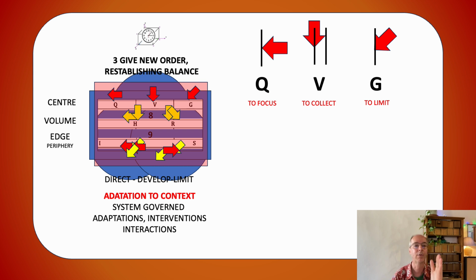We try to focus. That's the cue. We go back to the material. We collect the material. We give it an order. We go back to the borders. We try to limit ourselves. It is about limitations. That's the G.